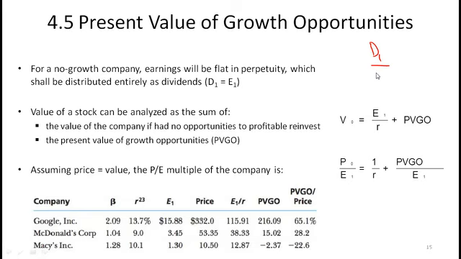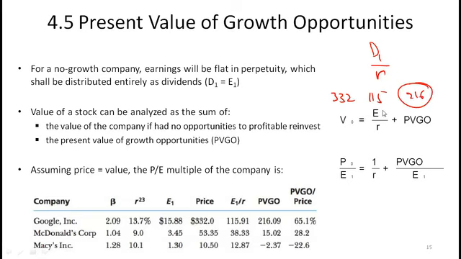So D1 over R. The D1 stays the same if the company is not growing. If the company is not growing, shouldn't dividend be the same as earnings? Right? So if dividend is the same as earnings, you can write E1 over R. If E1 over R, just as an example, is 115, and the value of the stock is 332, how do you explain the remaining 216?